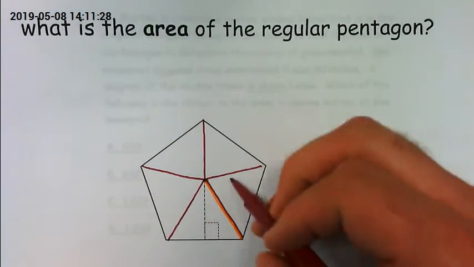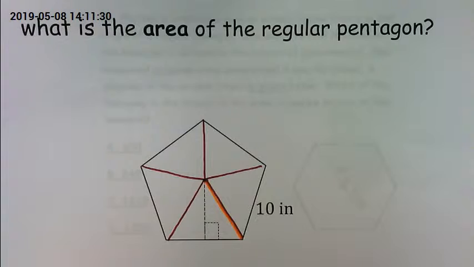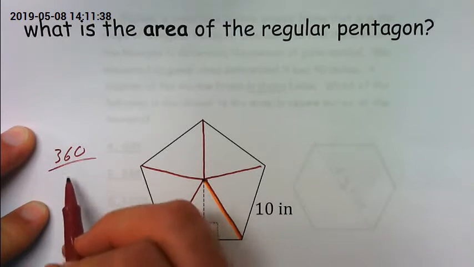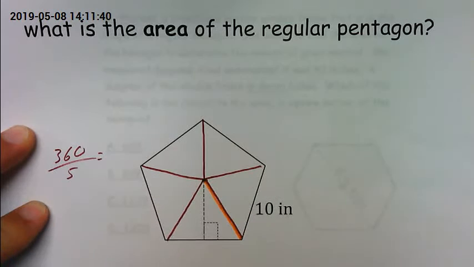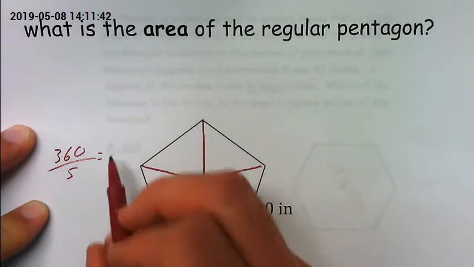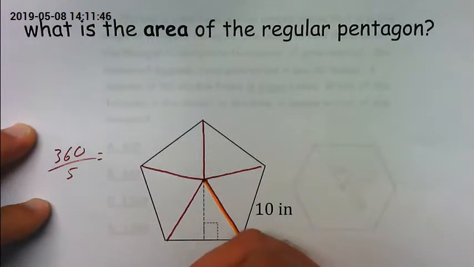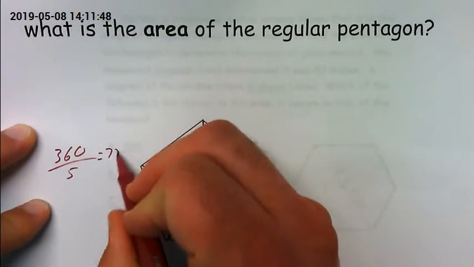So we have 5 isosceles triangles. Around any single point, there's 360 degrees. The easiest angle to find would be 360 divided by 5, and that gives me what? 72.